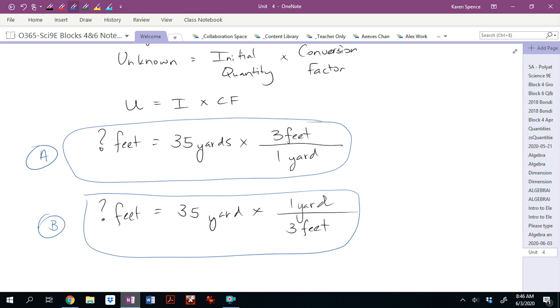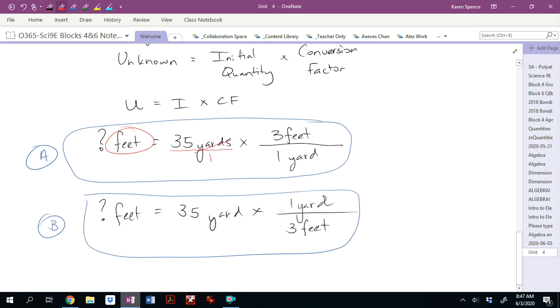Okay. What we want to do is we want to end up with the unit feet. So I don't want yards, I want to have feet. So if I use this first one, I have yards on the top. And remember, if you don't actually see that that's on the top, you can always write yards as yards over 1. And now you can obviously see that yards are on the top and the 1 is on the bottom.